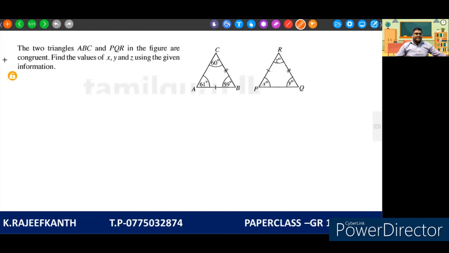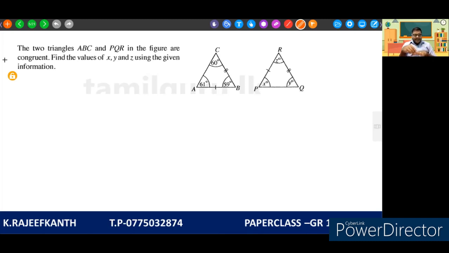Then next one. The two triangles ABC and PQR in the figure are congruent. Here they have given that these two triangles are congruent, the triangle ABC and triangle PQR. Find the values of X, Y, and Z using the given information.